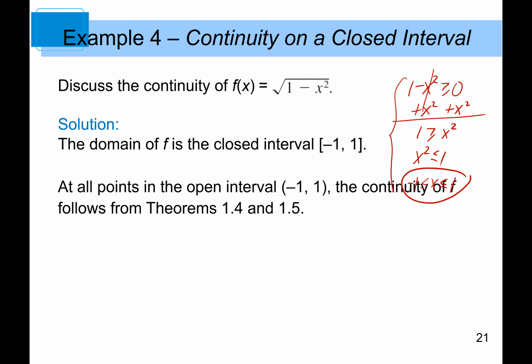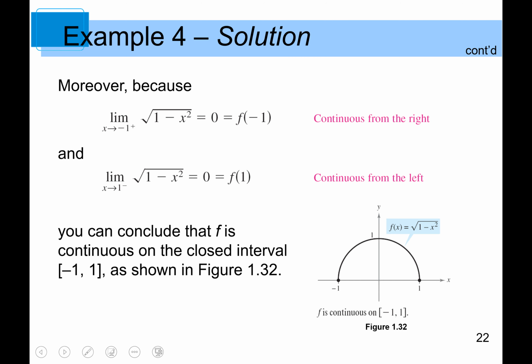And for all the points in the open interval -1 to 1, the continuity of f follows from the theorems. Let's calculate the limit as x approaches -1 from the right-hand side of the function square root of 1 minus x squared. So replace x with -1.